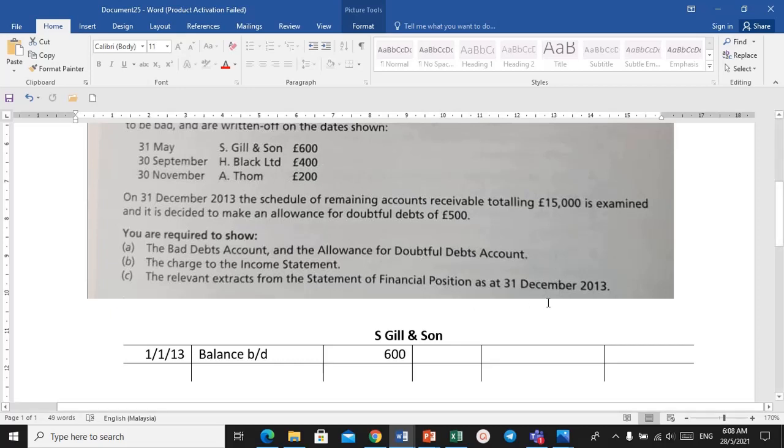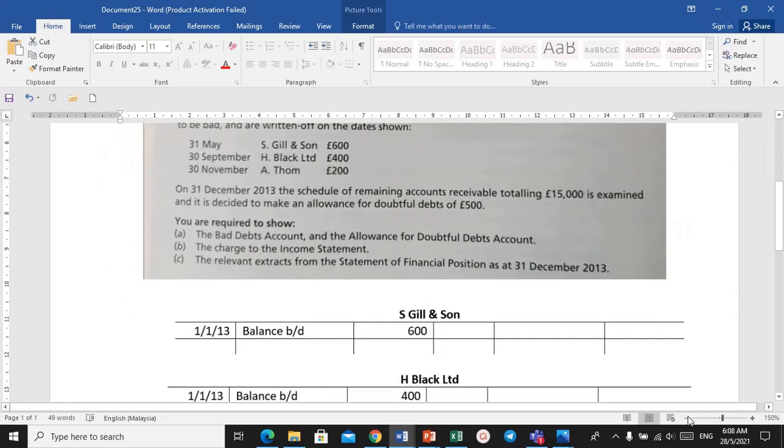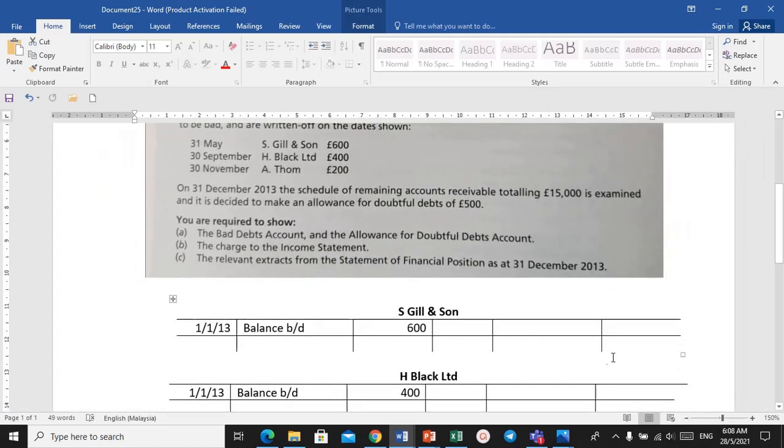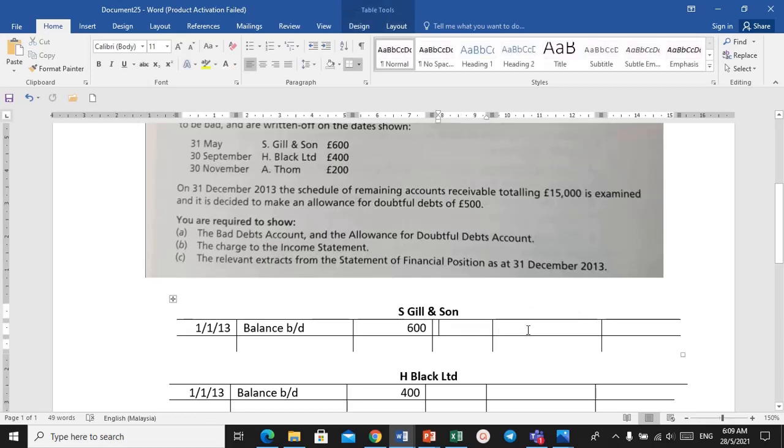Okay. So from this question, it said that on 31st May, S. Jill and Son was declared bad debts. Okay, so this would be our first entry. We need to do the entry on the credit side of the debtors account. So you are going to write down the date of bad debt. So the debit entry would be bad debt.